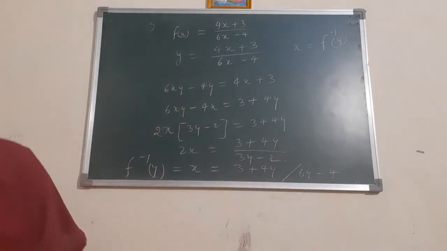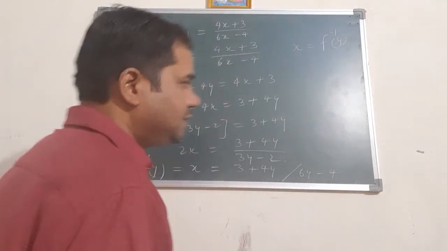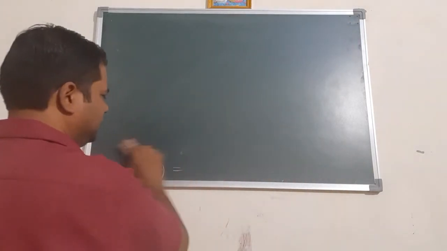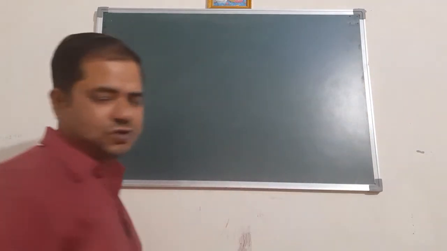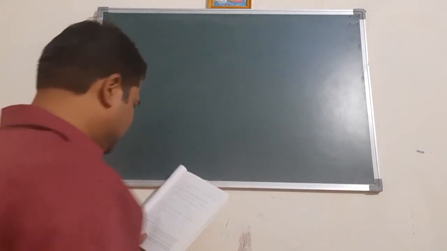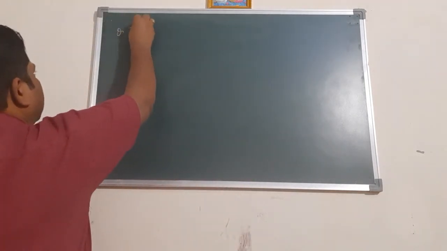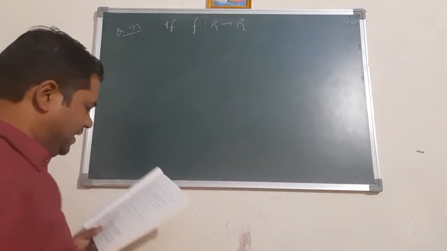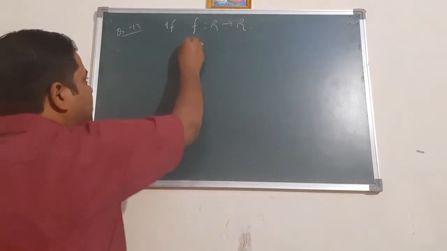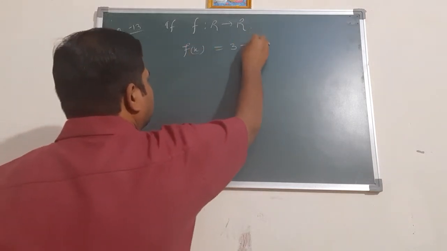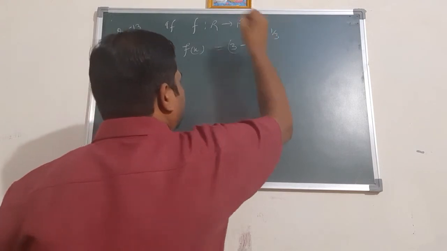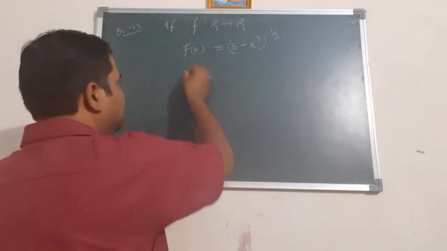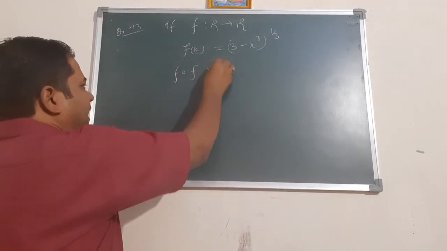Okay, so maximum questions we had already discussed here, but the last one, question number 13. This is very important, many times asked in the board also. So here, question number 13: if f from R to R is defined as f(x) = (3 - x cubed) whole to the power 1/3, then find f of f(x).